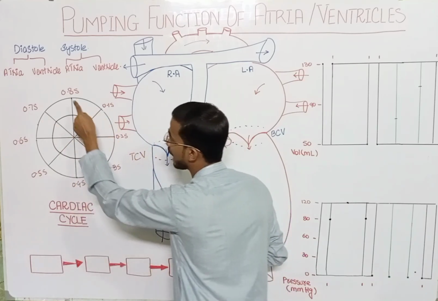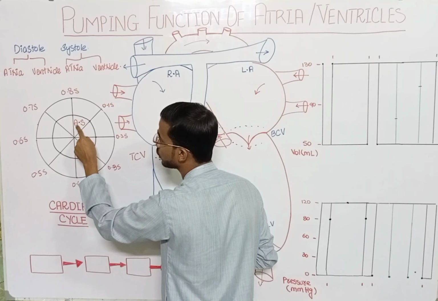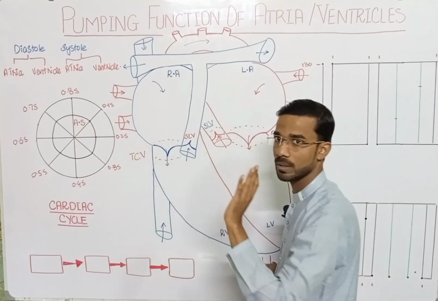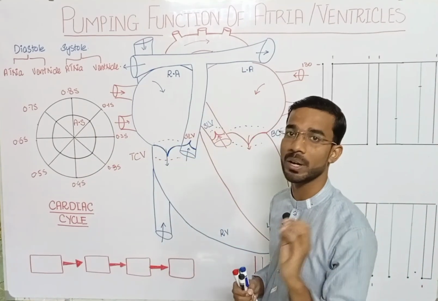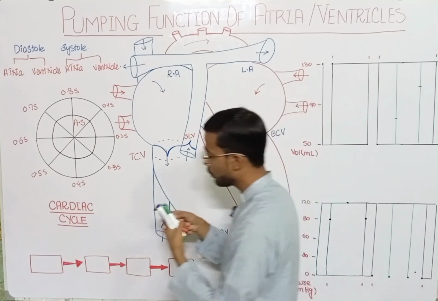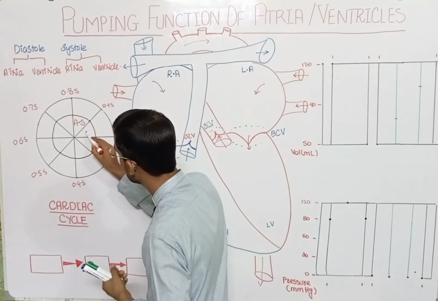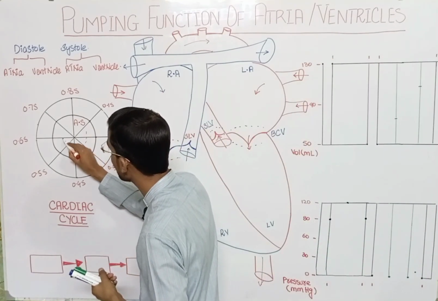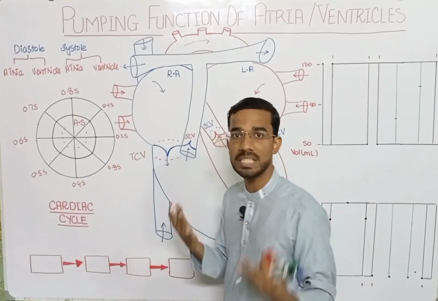From the start to 0.1 second you will see the atrial systole. Atrial systole lasts just 0.1 second. After that, the whole remaining time will be 0.7 second.